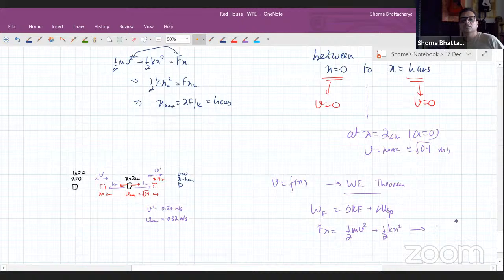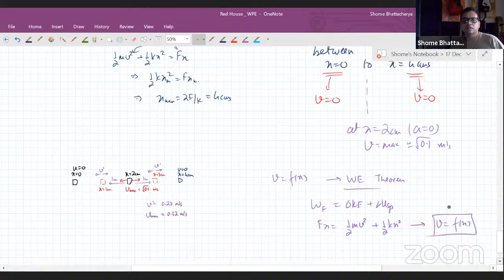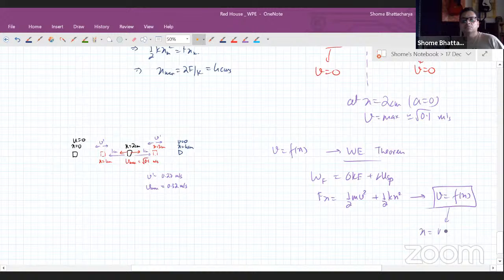So this very easily gives us speed as a function of x. And from this we can of course analyze that x will be maximum when the speed becomes 0. So that is how we got that the maximum extension of the spring would be 4 centimeters. So it's oscillating between 0 and 4 centimeters.